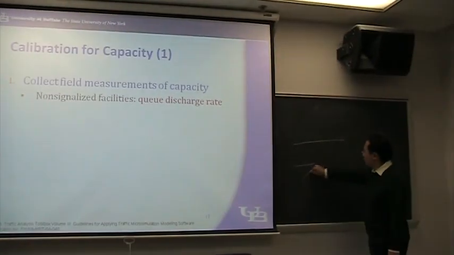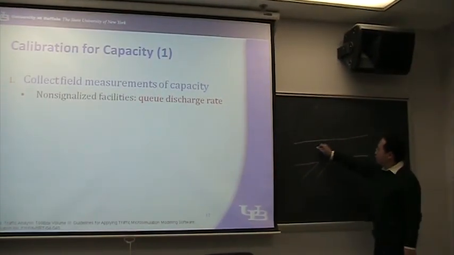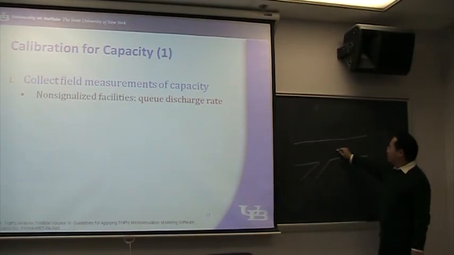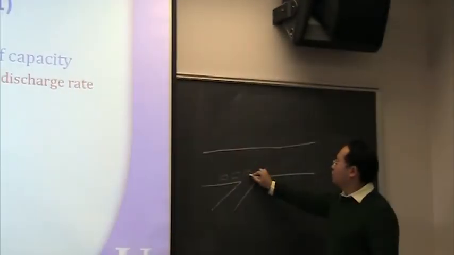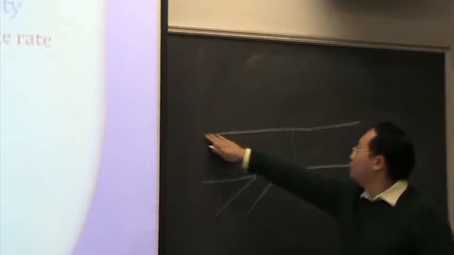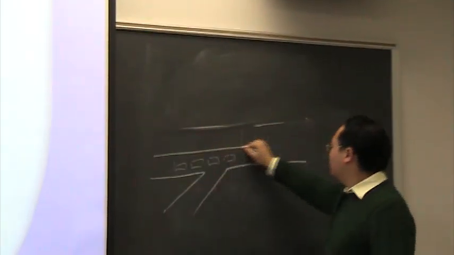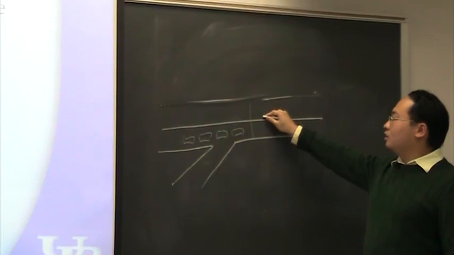Let's say we have here a place of congestion, and we have accumulated a queue here. For example, we only have one lane. We have accumulated a queue. Then we start measuring here.